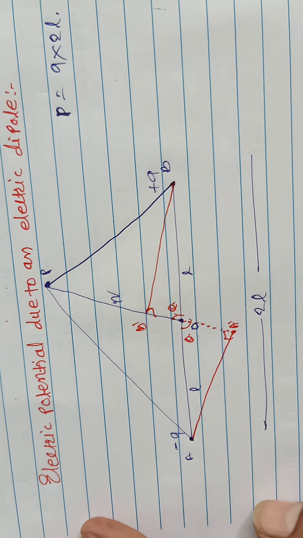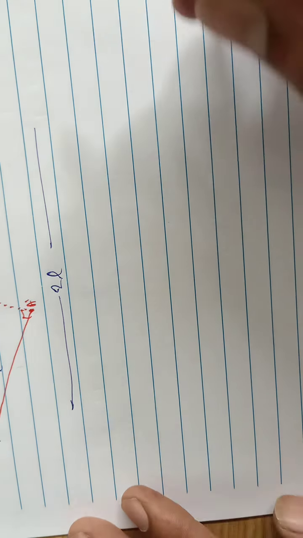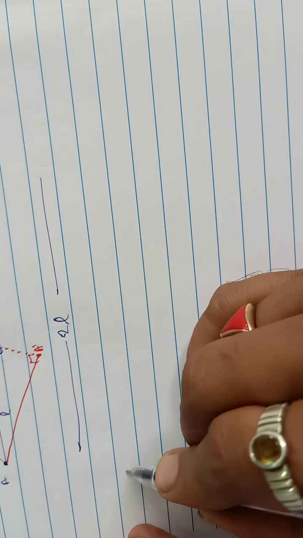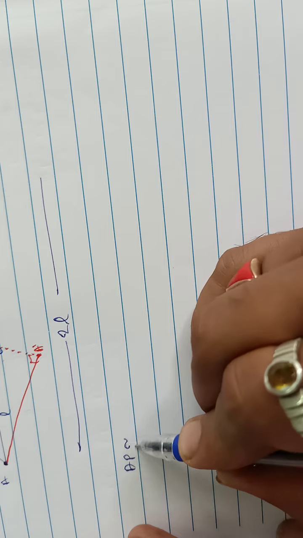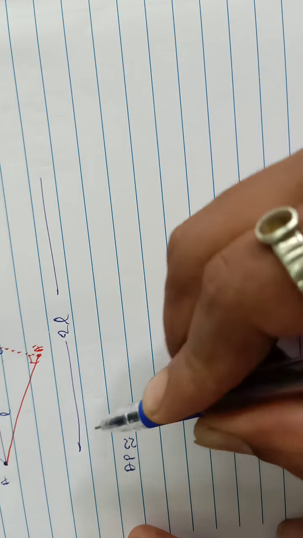Let's start from point A. So what is my AP? I have to find AP, which is approximately equal to A dash P. Look at A dash P in the figure.